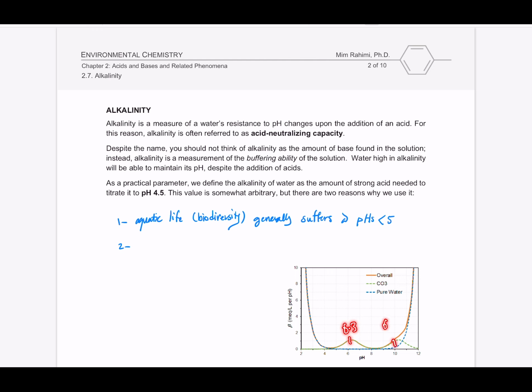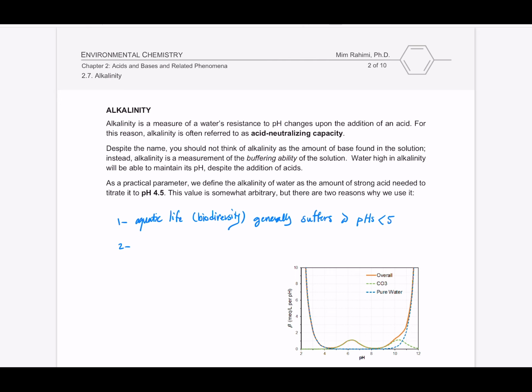This is the second one, which is 10.3. As you see, roughly before 4.5, the contribution of the buffer capacity of carbonic acid is gone. Basically, before that, there's not much in water to contribute to alkalinity or to that buffer intensity.